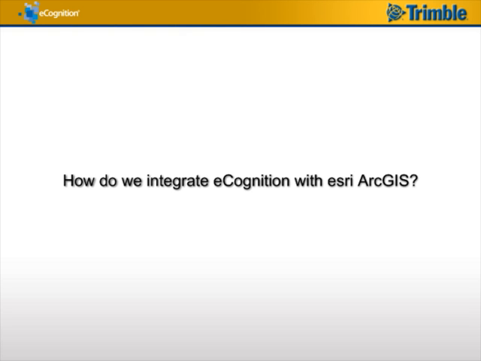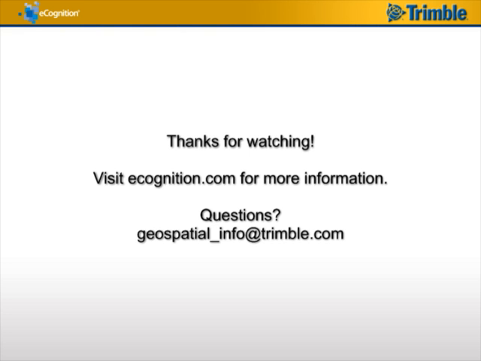If you're looking for closer integration, we have a functionality within the eCognition Server which allows you to send data from within the Esri ArcGIS environment to be analyzed by eCognition Server, and it writes the results back into Esri. But so far, the main focus of our users was to process data within eCognition and then export into ArcGIS.